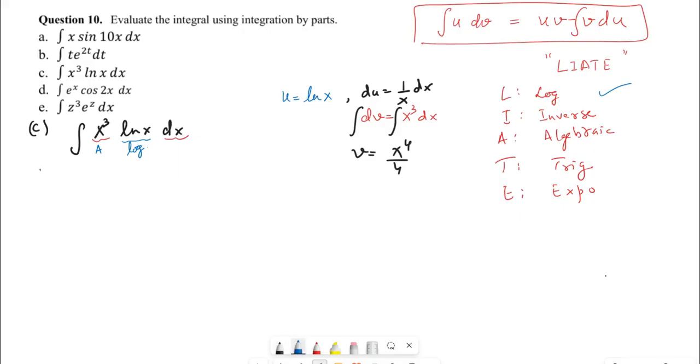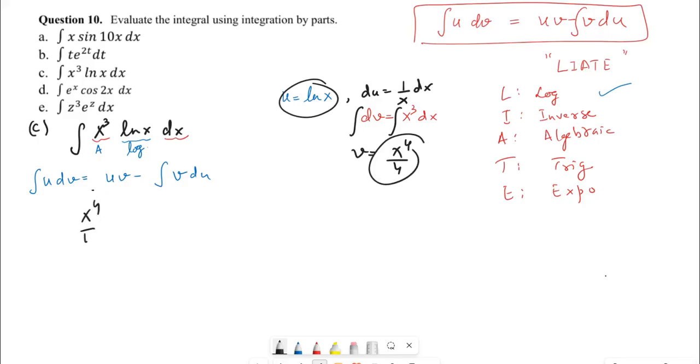So our formula is integral of u dv is equal to uv minus integral of v du. uv, x^4 by 4 times natural log of x, minus integral v. v is x^4 by 4 times du, which is 1 by x dx.